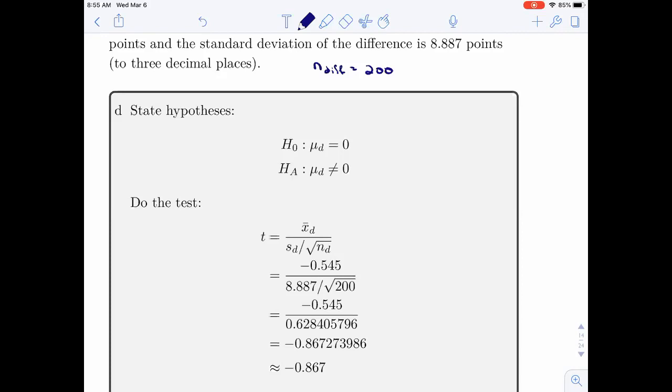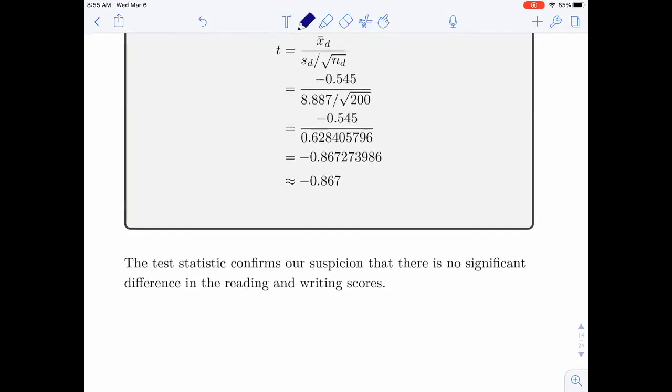So when we do our calculations here, we find negative 0.867 as our t. That's not that surprising, because just looking at our box plots, we said they look approximately the same. And so this is just confirming that the mean difference is not that far from 0.